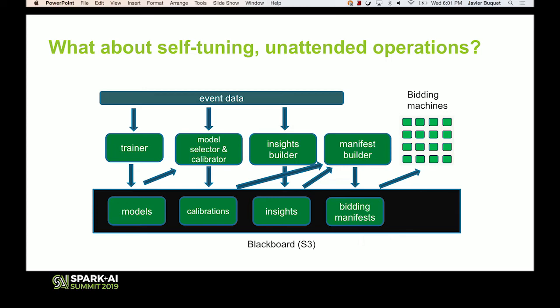And we use S3 as the blackboard. This was a decision out of simplicity, really. S3 can be seen as a file system, and a file system abstraction is easy to abstract, and it's easy to test.